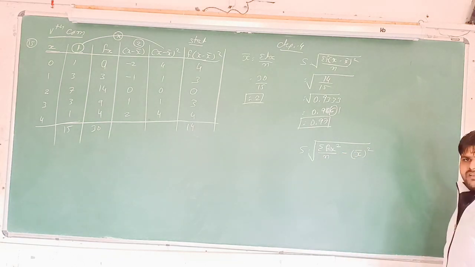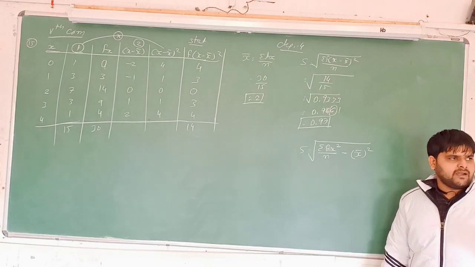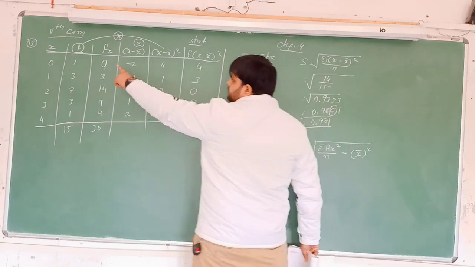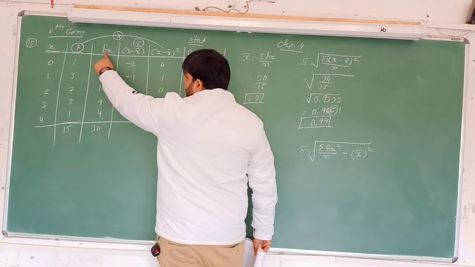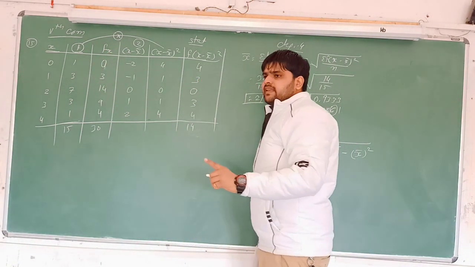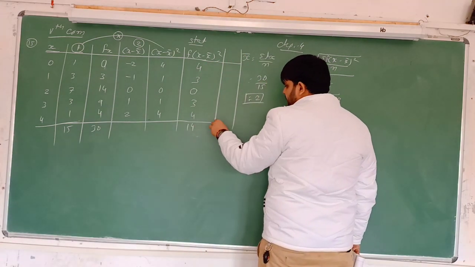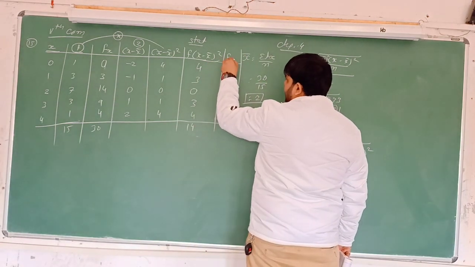Got it? Now one thing we have to find: here fx is there, but fx square is not there. So we have to find one new column, and that is fx square.